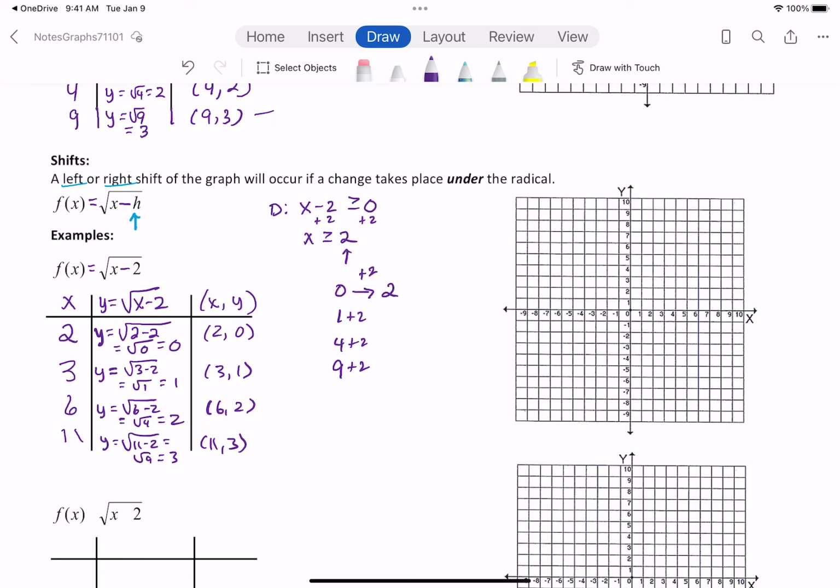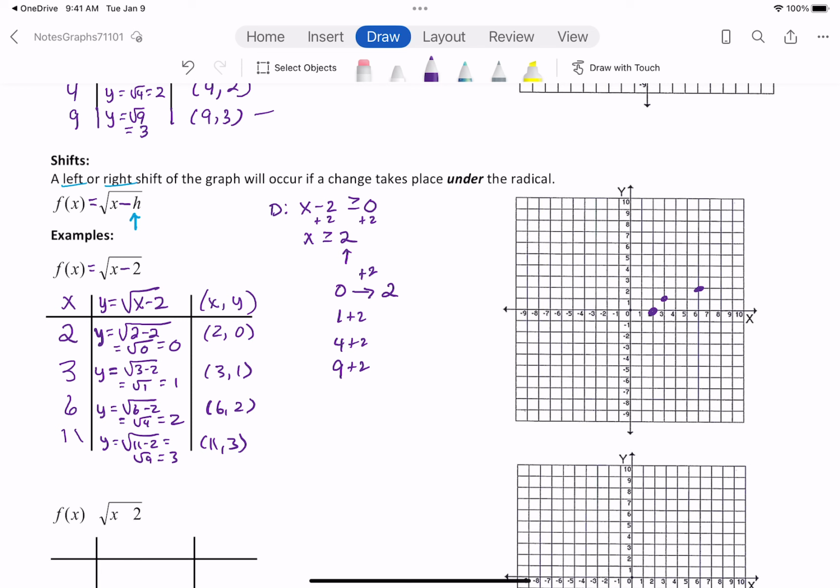So by shifting all of my perfect square x values by adding 2, I ended up with perfect squares under the root, and it gave me the nice numbers I wanted again. So we have (2, 0), (3, 1), (6, 2), and (11, 3).